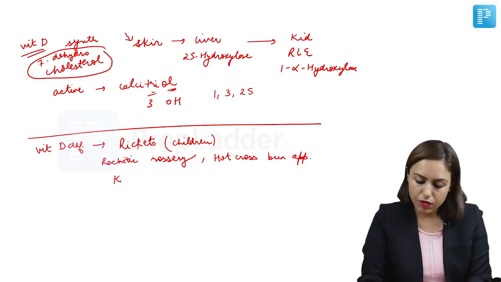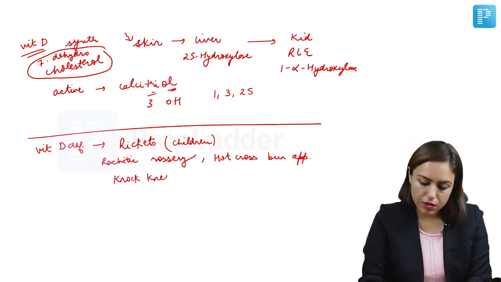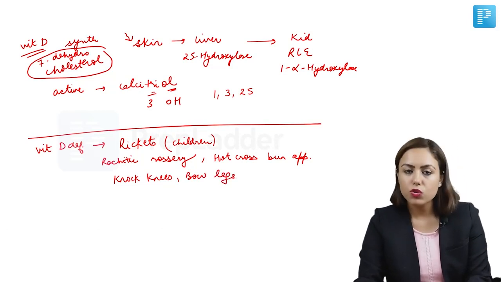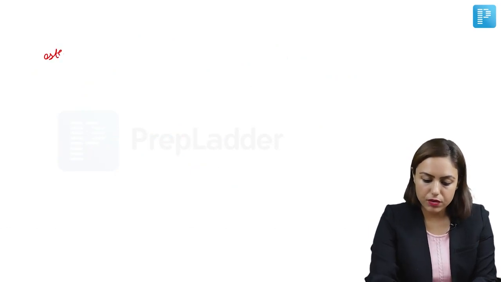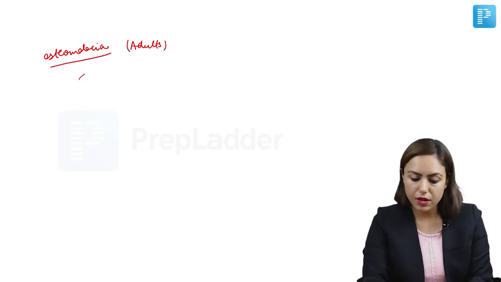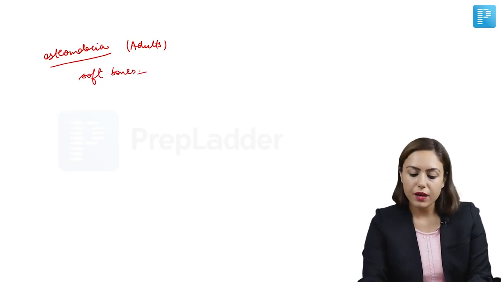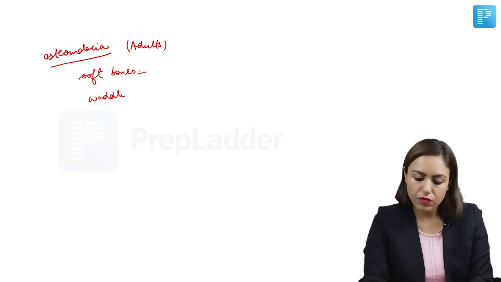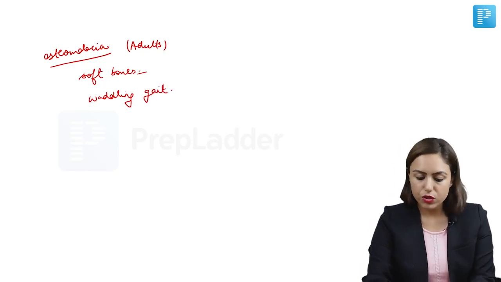Then they have knock knees, bow legs, right? So this is rickets. Then in adults, there is osteomalacia, and these adults have soft bones leading to frequent fractures, and they usually have waddling gait, right? So this was deficiency of vitamin D.